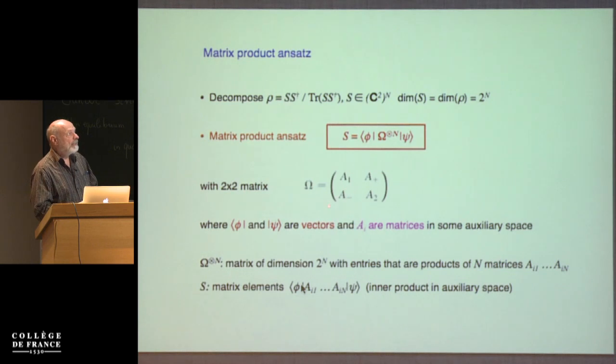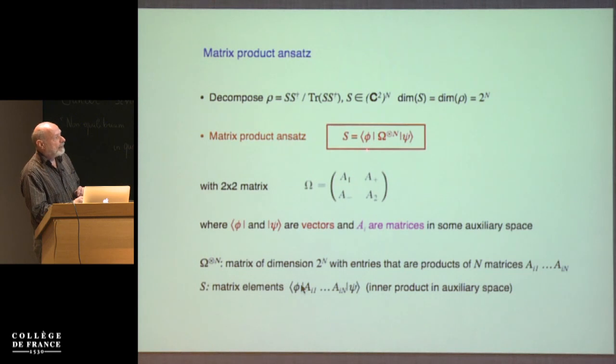This will give you a matrix of dimension 2 to the power n. But now the entries of this matrix are not numbers. These themselves are matrices, of which at this point we don't say anything. They're just matrices acting in some auxiliary space. And then these vectors will be vectors on which these matrices act.